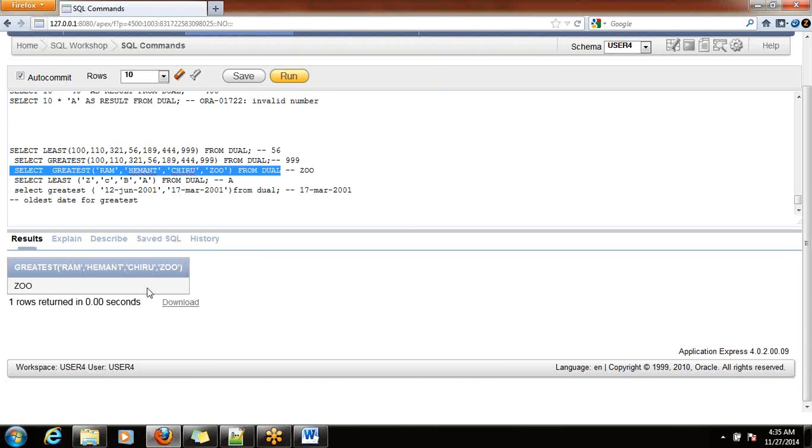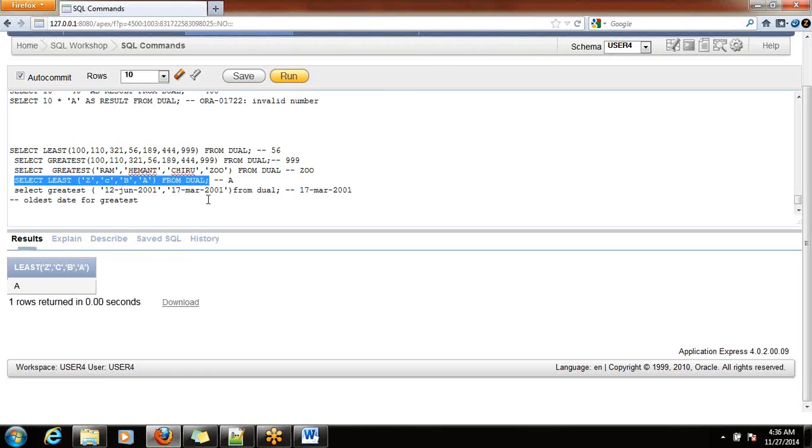It gives Zoo. Z is the greatest one, right? Why so? Because A, B, C, D, if you go like this, Z is the greatest. It takes the first character into account: R, H, S, C, Z. Now here you can see least. Yes, A.